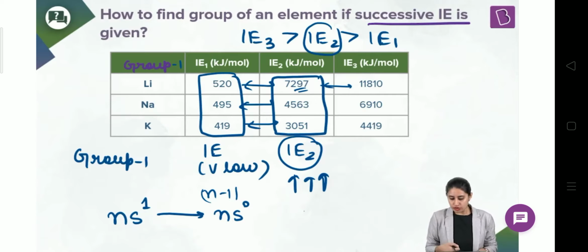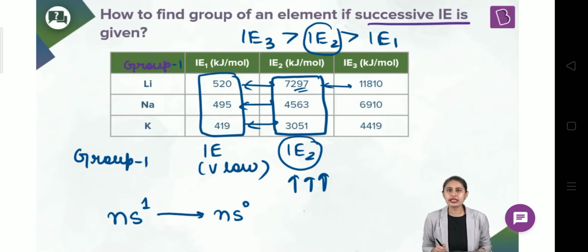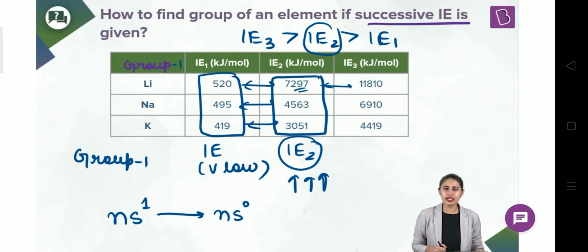So in that case, we are attaining a noble gas configuration, or fully filled orbitals. In that case, removal of another electron is certainly going to be very difficult. Hence, this gives us proof that this is group 1.